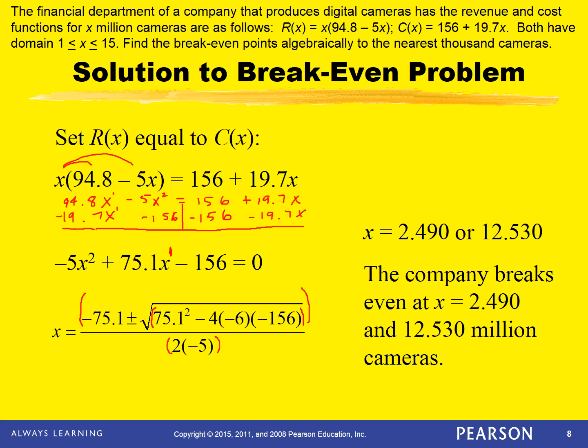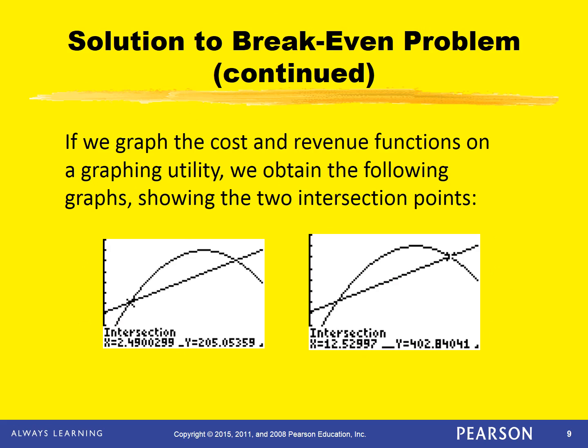So the company breaks even at x equals 2.490 million cameras and 12.530 million cameras. A graph confirms that you get those 2 points of intersection if you graph the revenue function.